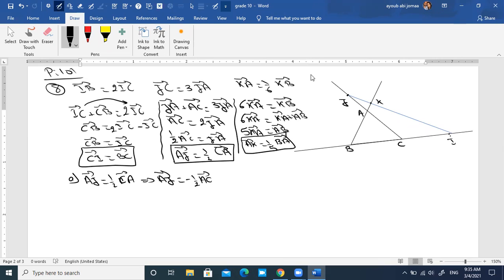Now the second one: find the vector AK in terms of AB. We already did that too. It comes out negative. AK is equal to 1 over 5 BA.